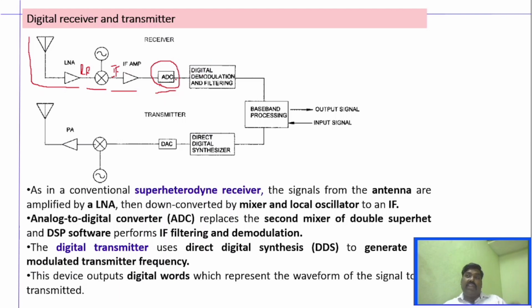After the signal is converted from analog to digital, it is sent to the DSP platforms, that is, digital demodulation and filtering. Here the filtering, demodulation, IF filtering, everything will be done by using this DSP software, right?